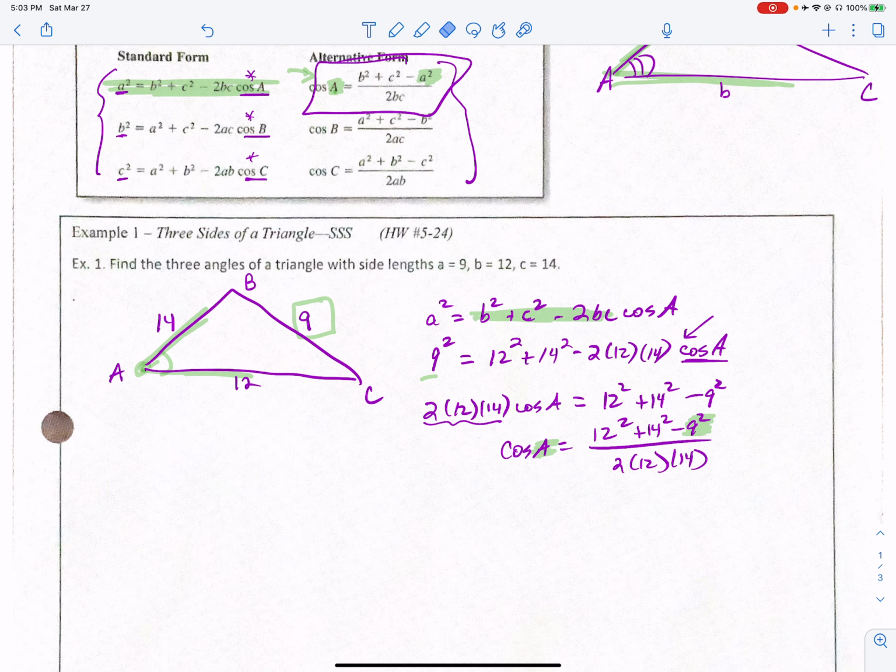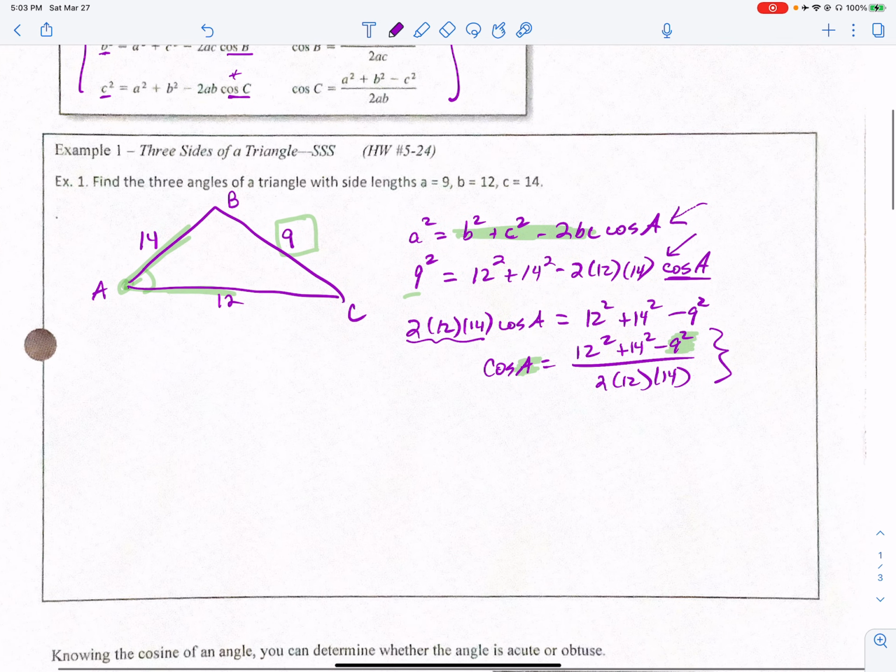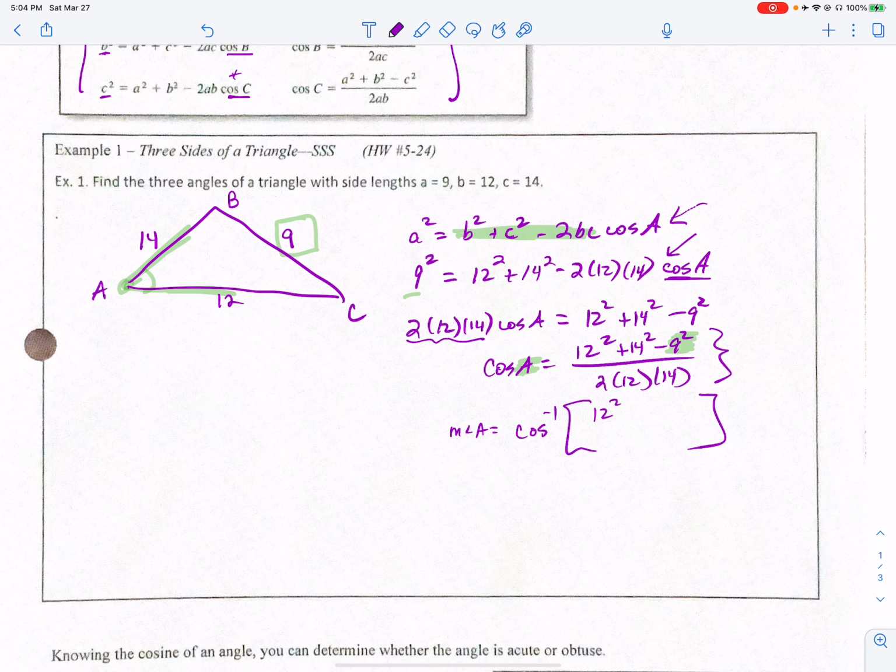So that's the alternate form, but we can just start with this one and rearrange it to get to this point. And so we're going to find the measure of angle A here by taking the inverse cosine of both sides. So that measure of angle A is going to be the inverse cosine of this value.